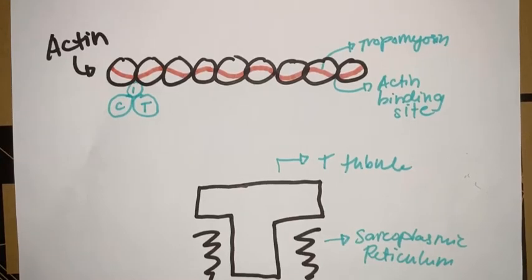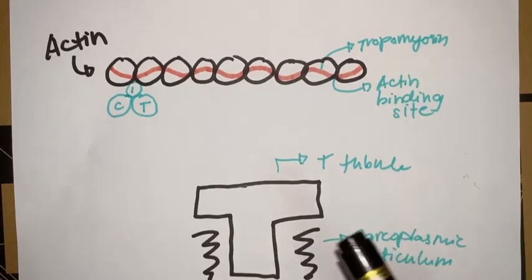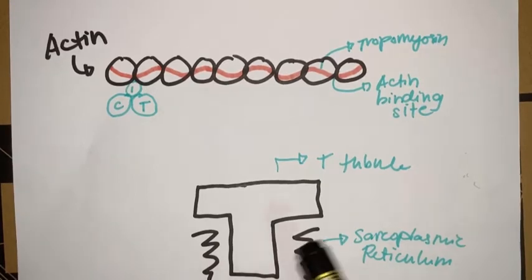Before I discuss the sequence of a muscle contraction, aka the sliding filament theory, let us first discuss the function of these structures, which is also important in the muscle contraction. So first, let's start with these structures.